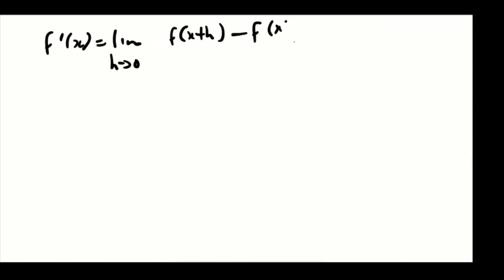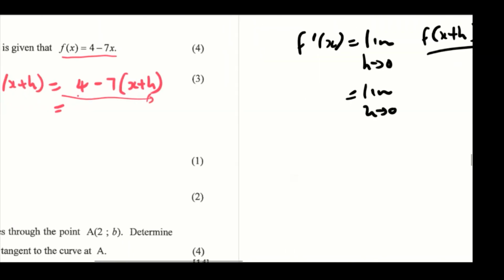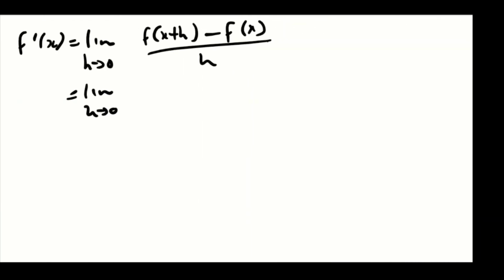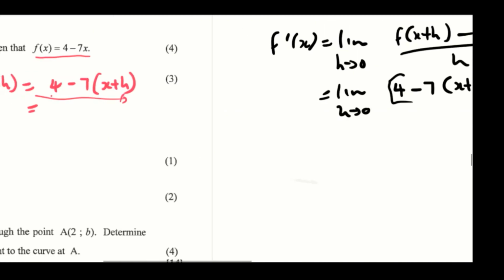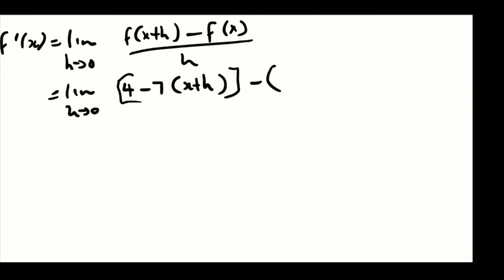So we have f prime of x being equal to the limit as h approaches 0 of f of x plus h minus f of x, divided by h, right? So the limit as h approaches 0, remember I said f of x plus h is 4 minus 7 into x plus h, and then let's just put this in brackets, minus our f of x, which is 4 minus 7x, divided by h.